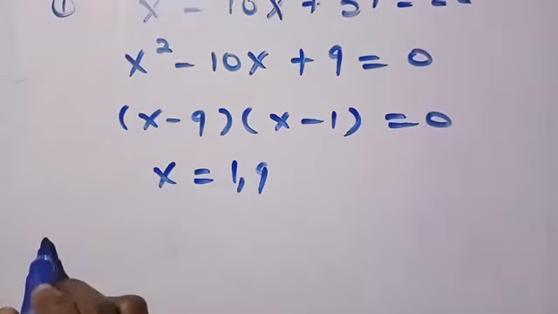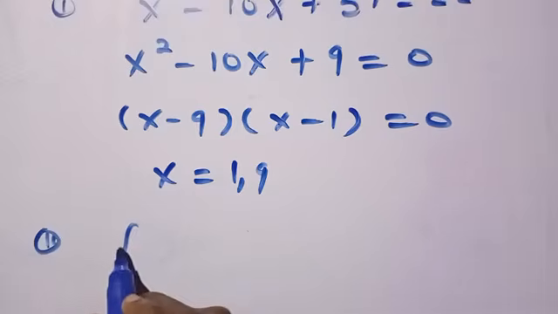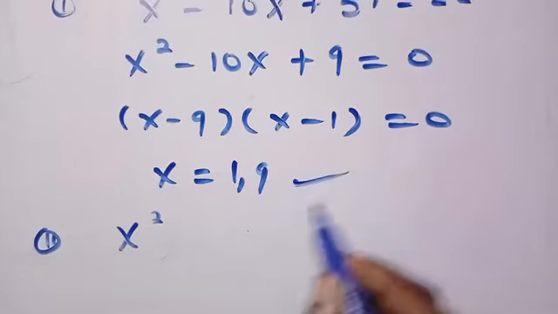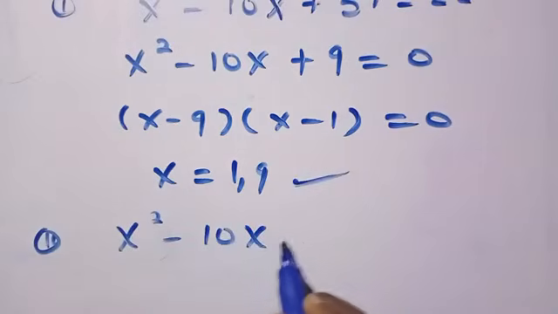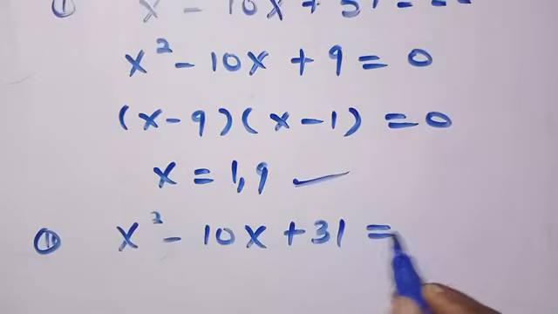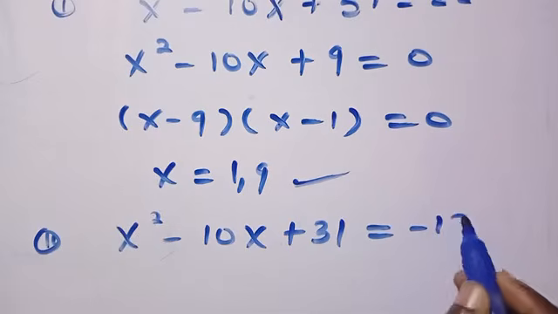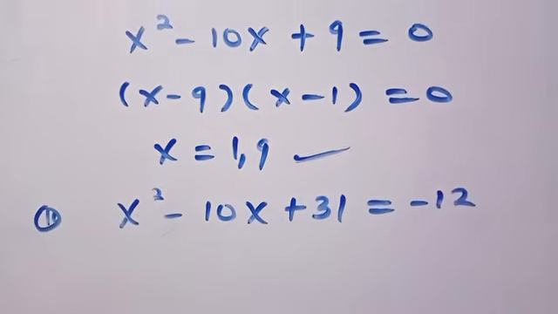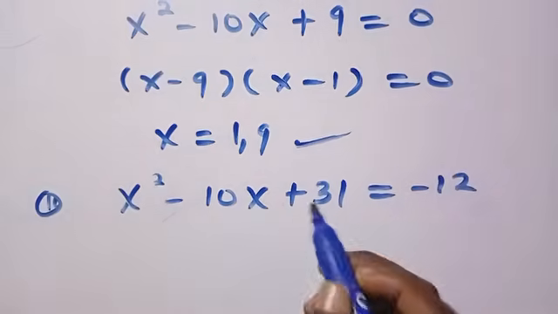If we consider the second one, for f of x equals minus 12, we are going to have x squared minus 10x plus 31 equals minus 12. So then we take this one here.